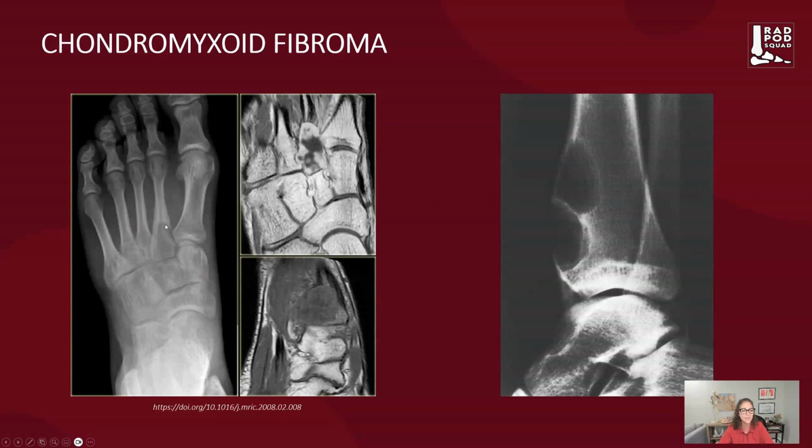Another example of a chondromyxoid fibroma here with MR correlation. We can appreciate this lesion at the base of the second metatarsal. It's a geographic lesion where we have normal to abnormal bone, which we identify. We might think that this is similar to our first case of an intraosseous ganglion, but when we do the MRI and get the post-contrast features, we see a very thick wall rim in this coronal T1 image, demonstrating the enhancement pattern all around this lesion.